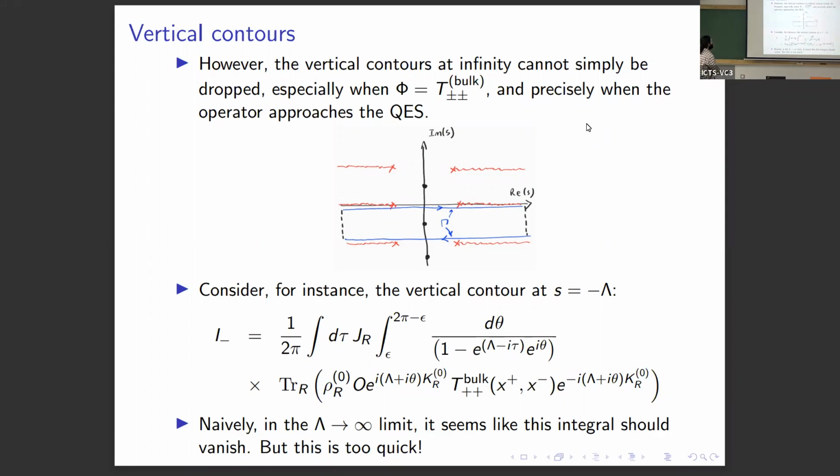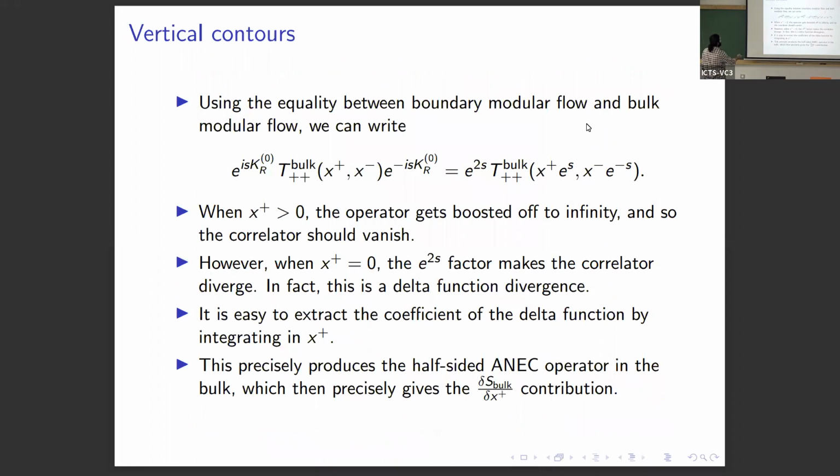Because it's boosting it away to infinity, the correlation function will also decay exponentially, so of course this vertical contour will decay exponentially in general. However, there's a caveat. When x plus goes to 0, namely you start to approach the quantum extremal surface along x plus, the operator is not boosted anymore, because x plus goes to e to the lambda times x plus. When x plus is 0, it's not getting boosted away anymore. And furthermore, from these plus plus indices on the bulk stress tensor, you're getting an enhancement.